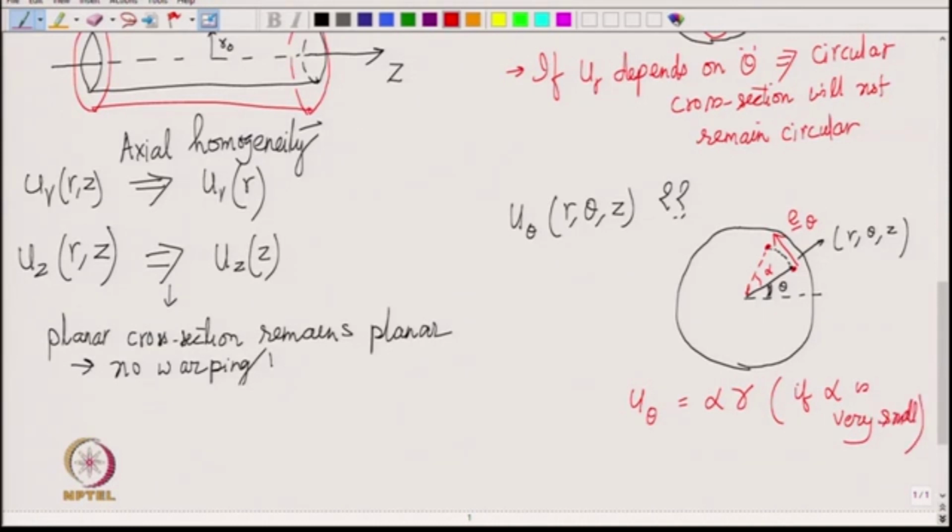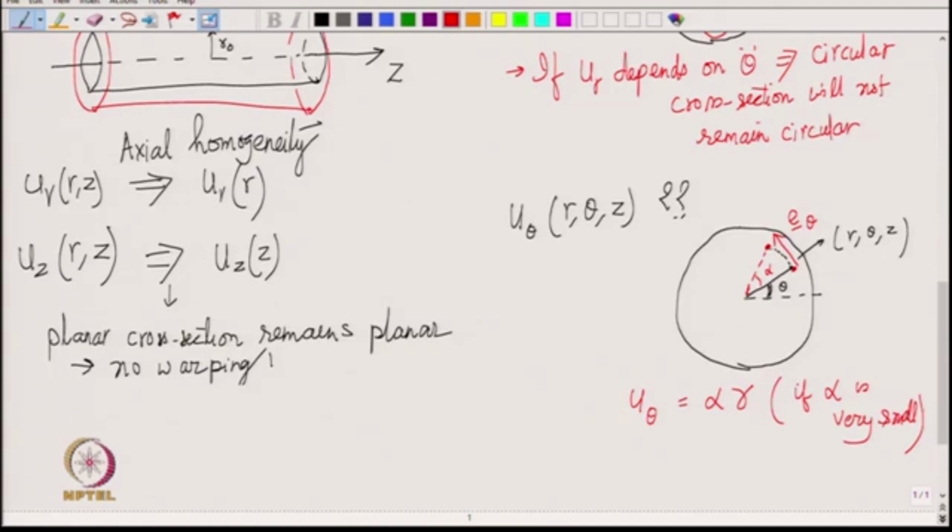Okay. So, you see that u theta does not depend on theta again, and that we wanted because of axisymmetry. So, it only depends on r. You talk of different points with different theta, then the 2 points undergo same u theta.